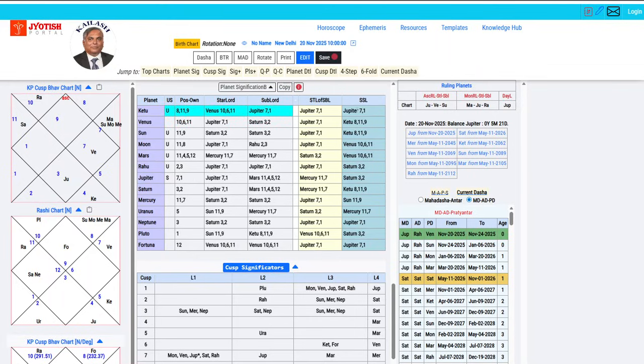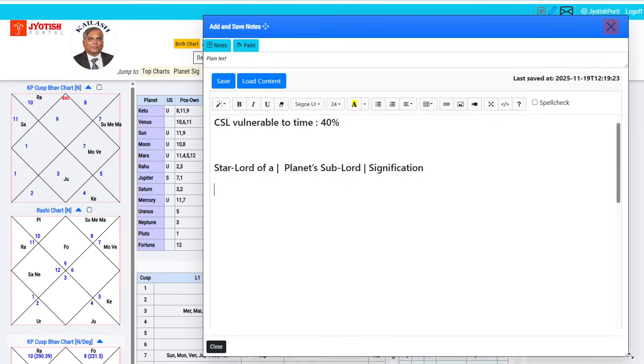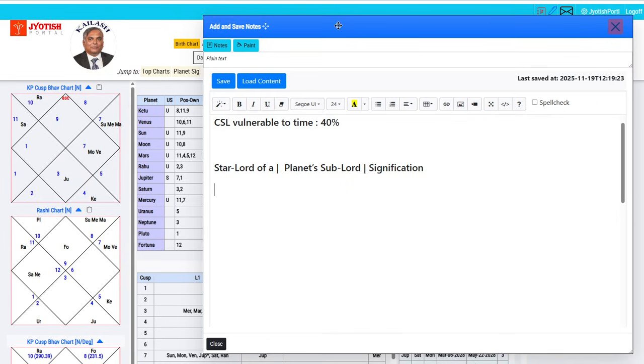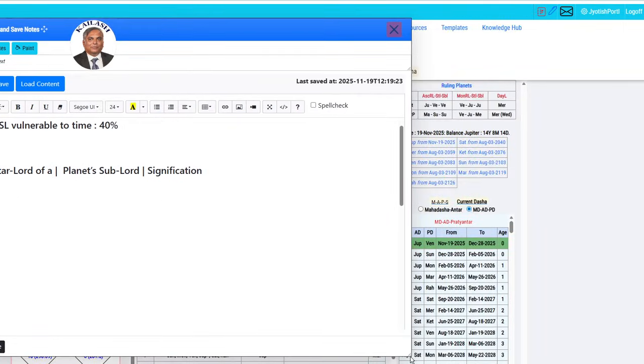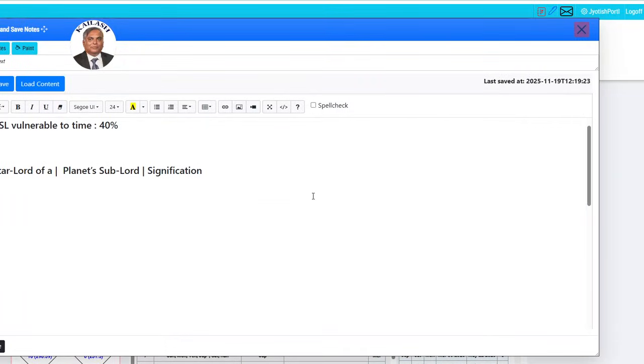Now let's look at the 19th November 10 a.m. position and then compare both the sublords. I'm going to put both the planet significations for 19th and the 20th side by side so that you can have a very good visual comparison.